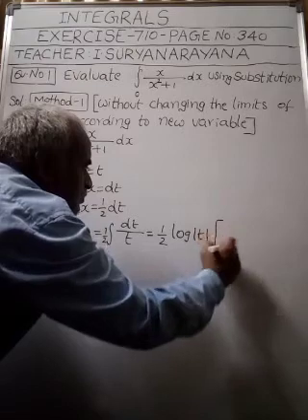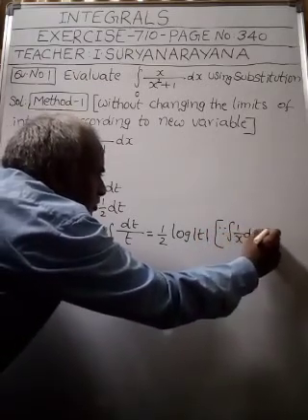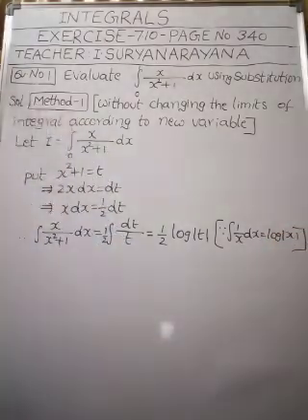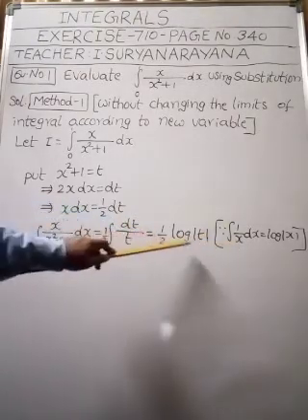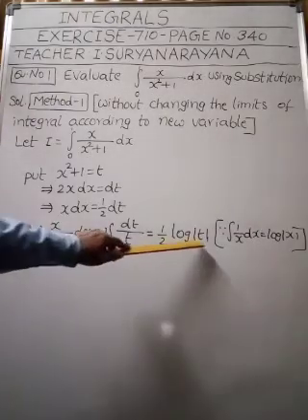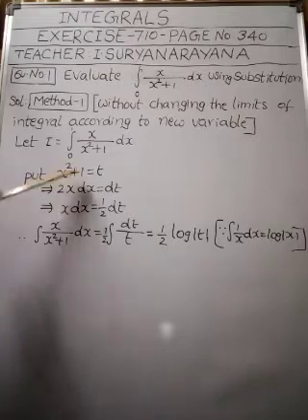What is the value? Log mod t, because integral of 1 by x dx is equal to log mod x. Using this known integral, we got this step: 1 by 2 log mod t. Again, we have to convert the variable t into the original variable. What is the original variable? x.